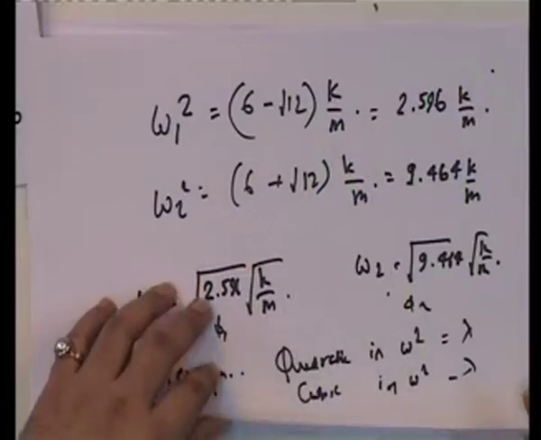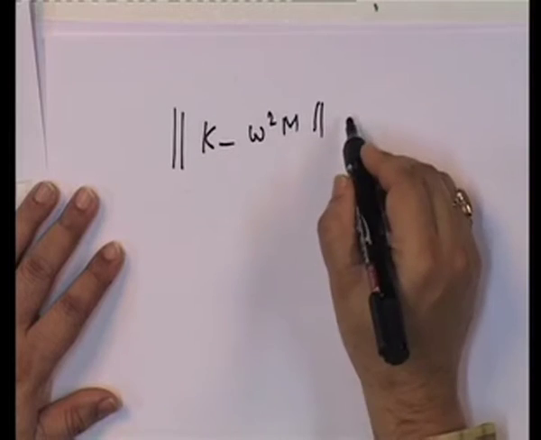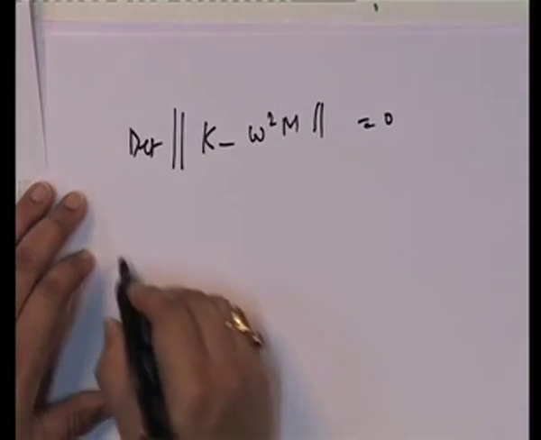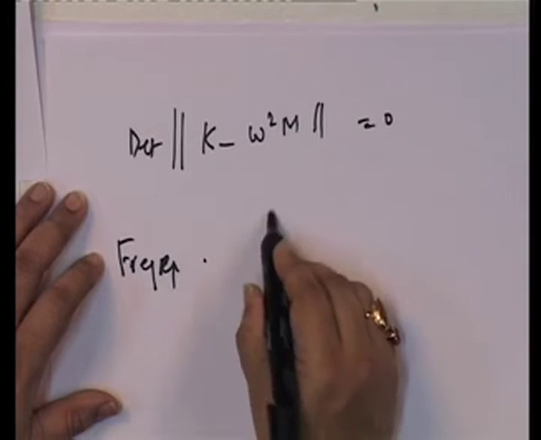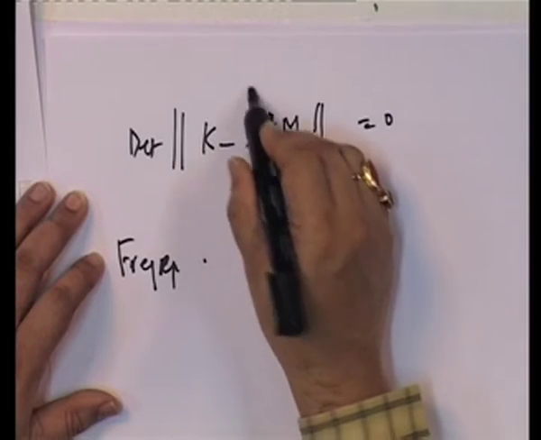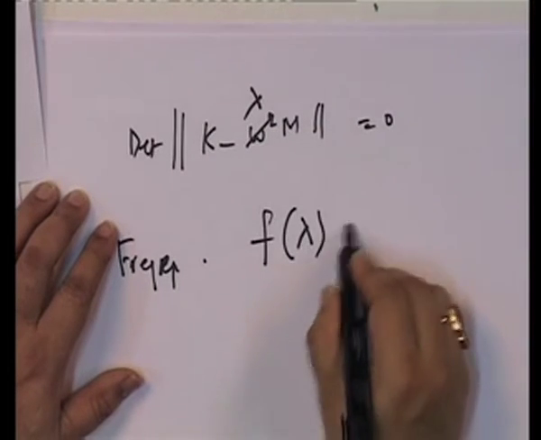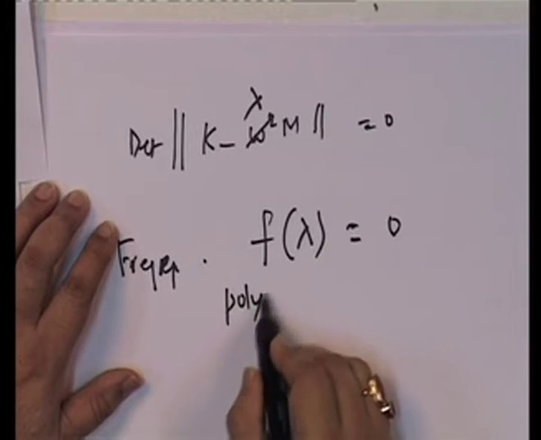The question then becomes, when I take the determinant of k minus omega squared m equal to 0, what you generate is a frequency equation, which is a function. Now, I will call this lambda. So, it is a function of lambda equal to 0, and this is a polynomial.